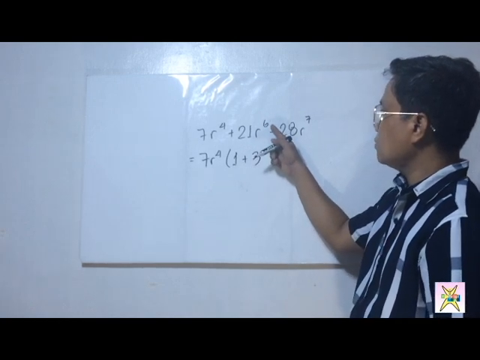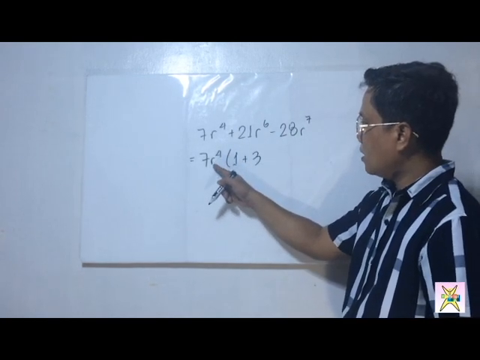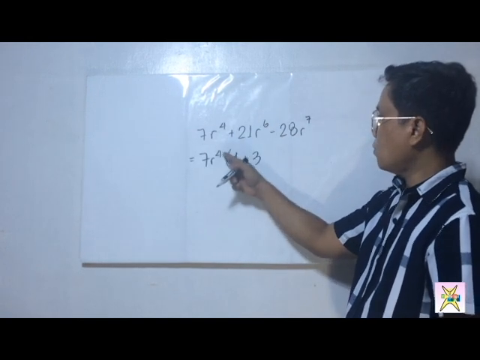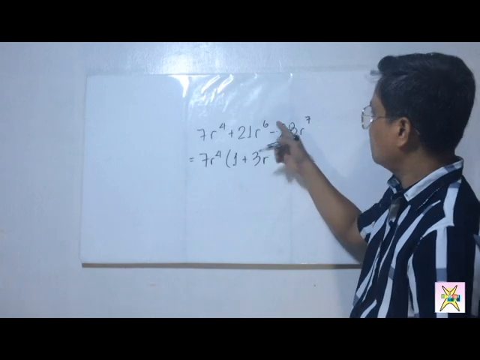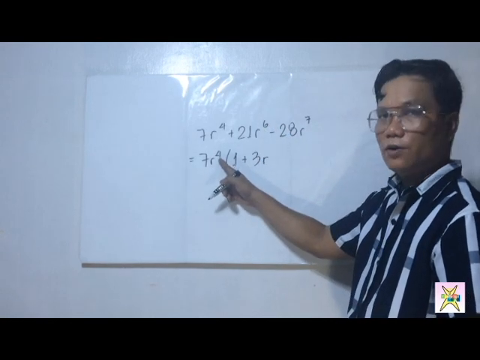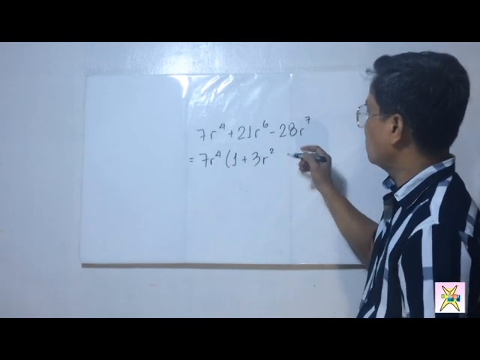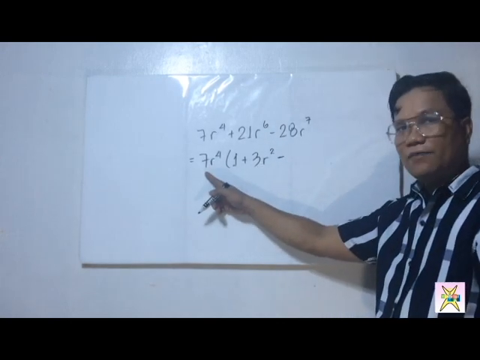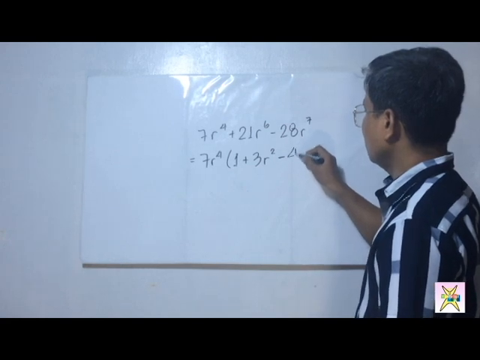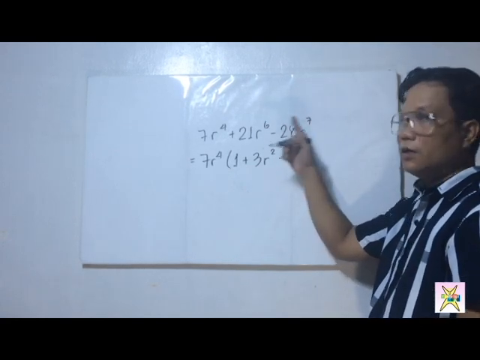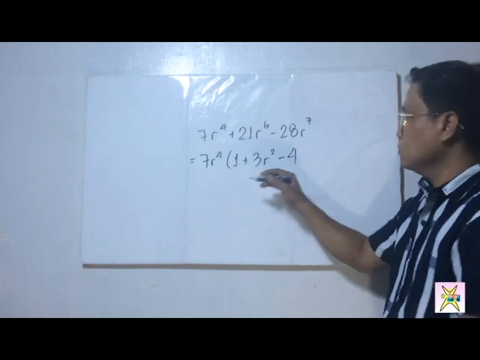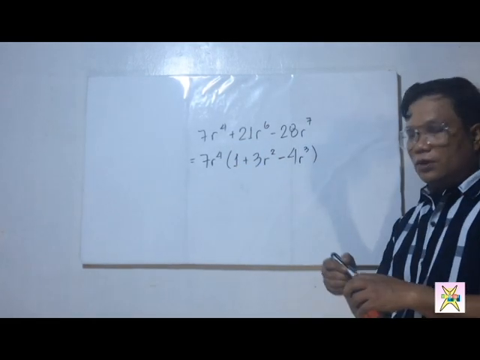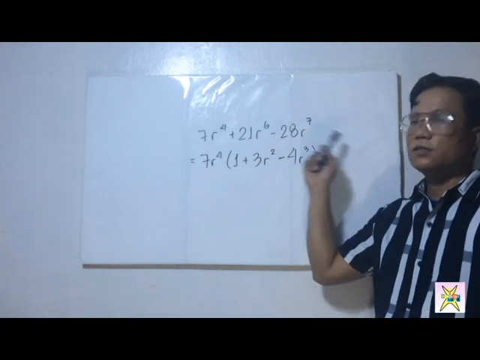Then r raised to the 6th power divided by r raised to the 4th power, we simply subtract their exponents, so 6 minus 4 is equal to 2. Then minus 28 divided by 7, we have 4. R raised to the 7th power divided by r raised to the 4th power, we have r cubed. So these are the factors of this expression.